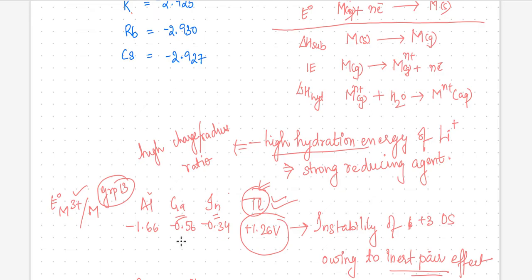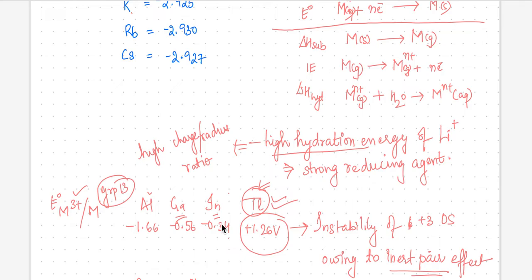Because they come after the d block and the f block elements, we know that completely filled d subshells as well as completely filled f subshells have a very poor shielding effect. Because of this, they are not able to stop the effect of the nuclear charge.